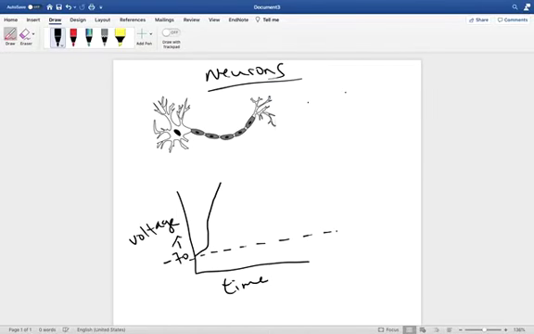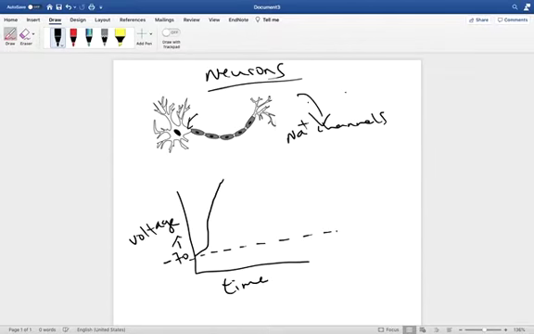With a specific stimulus coming through the cell, say for example we're dealing with sodium, it's going to go through this process of depolarization as sodium comes in through the cell, or sodium goes into this neuron here through sodium channels.